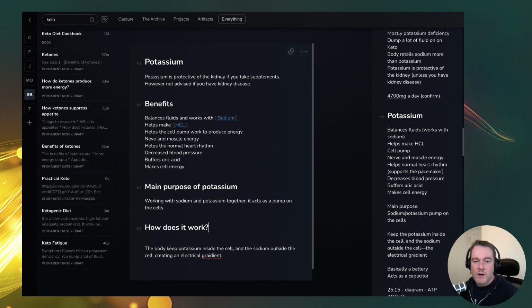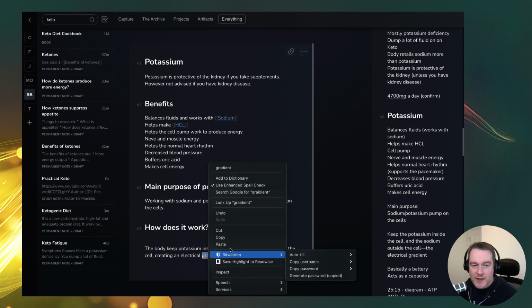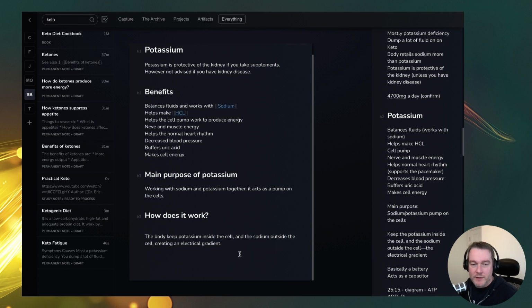How does it work? The body keeps the potassium on the inside, sodium on the outside. This acts like a battery, a capacitor, to power the cell.